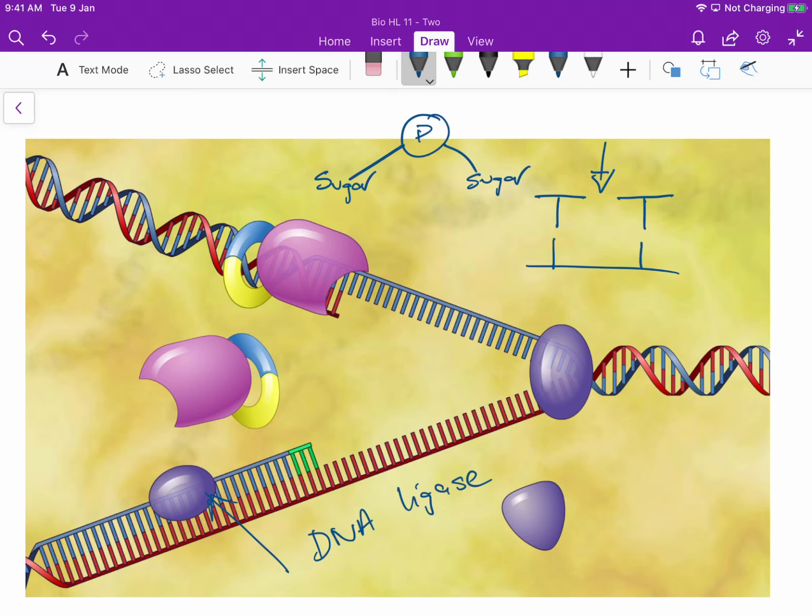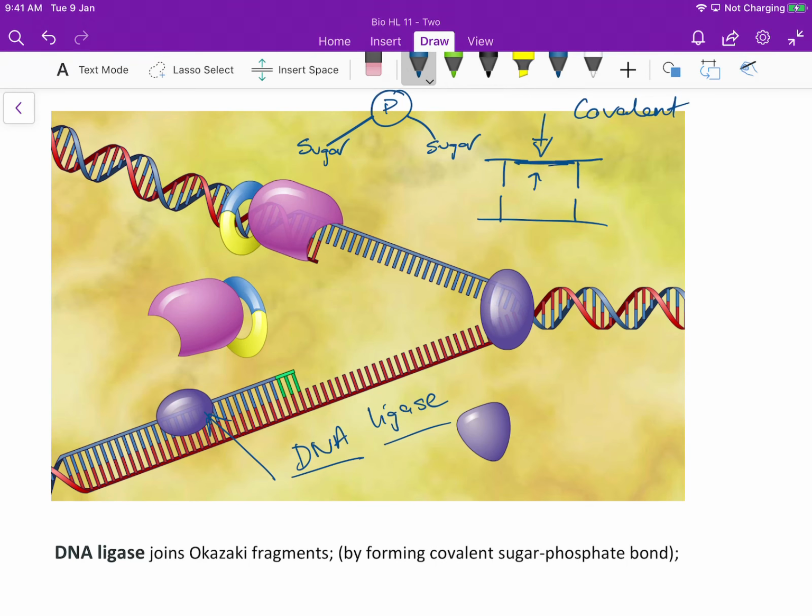So what DNA ligase is doing is making a new sugar phosphate. It's joining it up. That's a covalent bond between the sugar and the phosphate group along the DNA backbone. So we can say that DNA ligase joins the Okazaki fragments by forming covalent sugar phosphate bonds. It's come along and it's sealed those gaps.